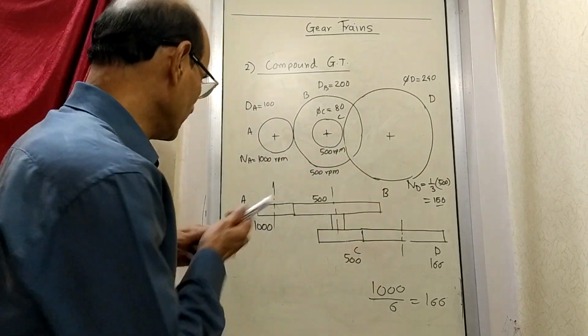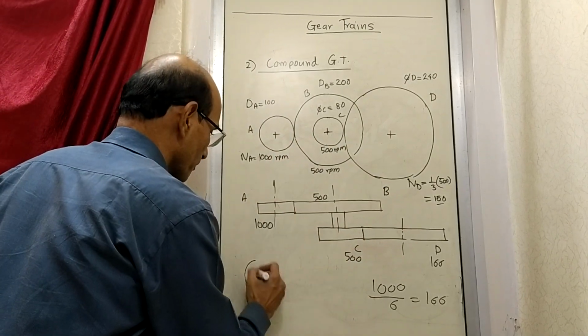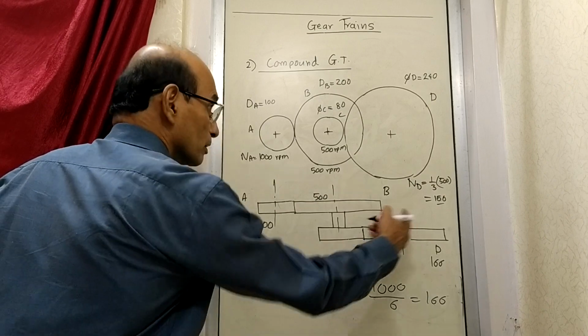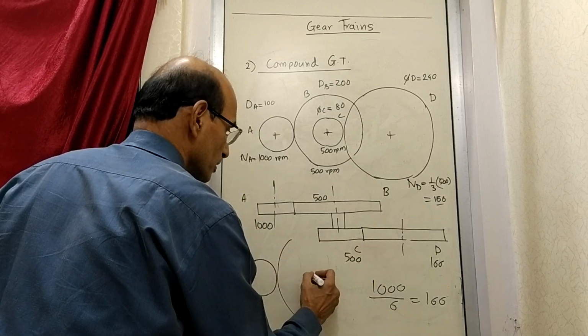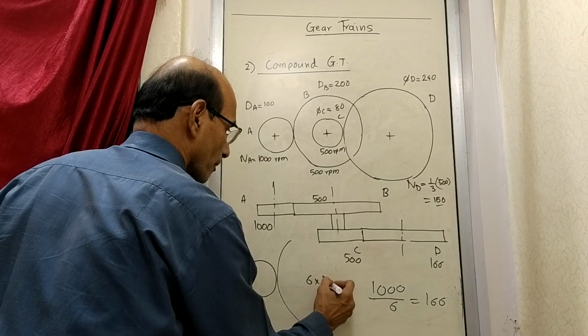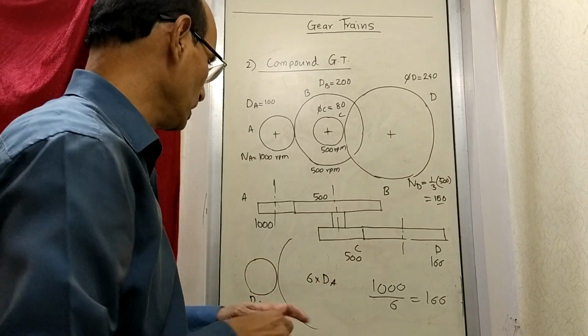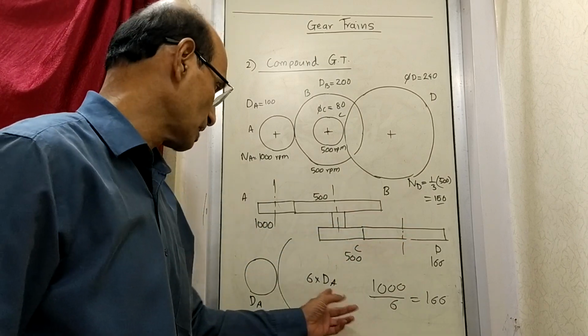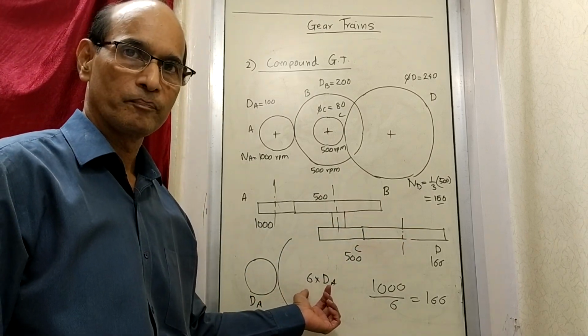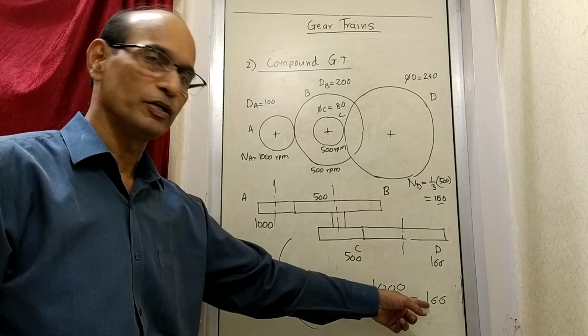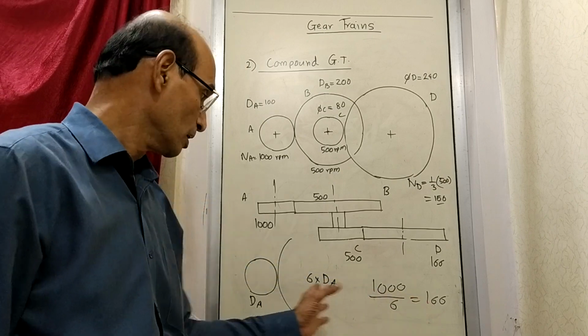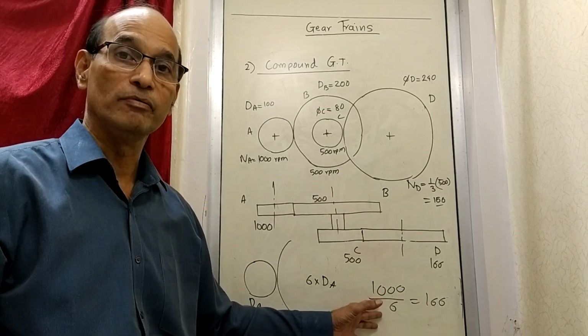So it is like saying that gear A is here and gear D here has 6 times the diameter of A. Then you will get this ratio, but that is not done like this because making a gear 6 times larger will be very heavy.